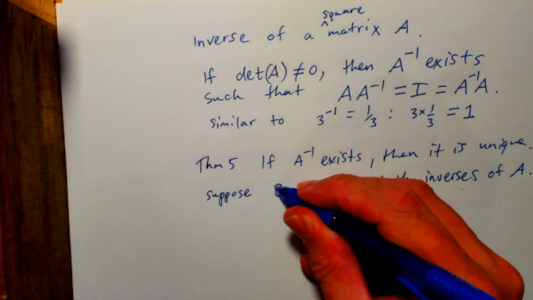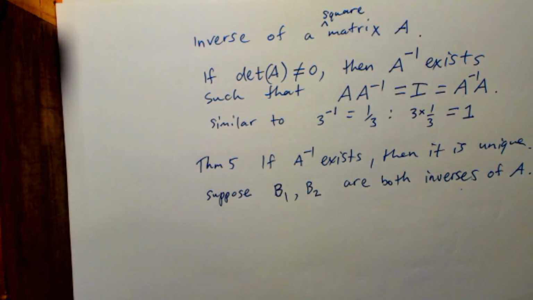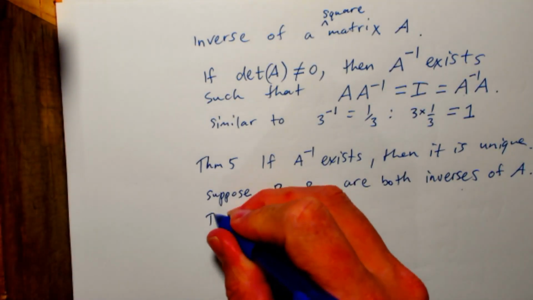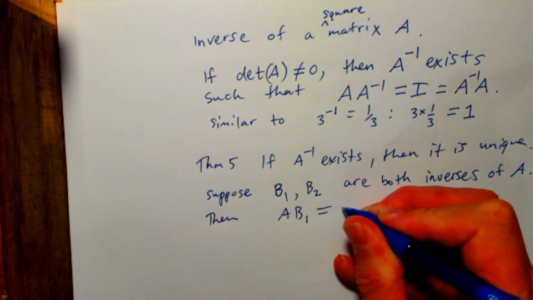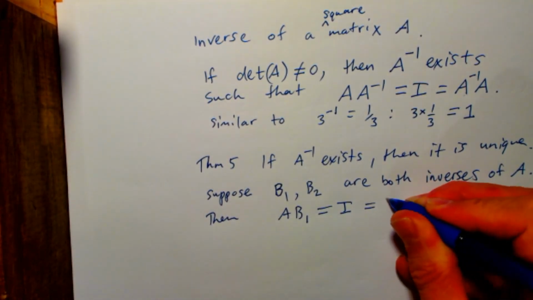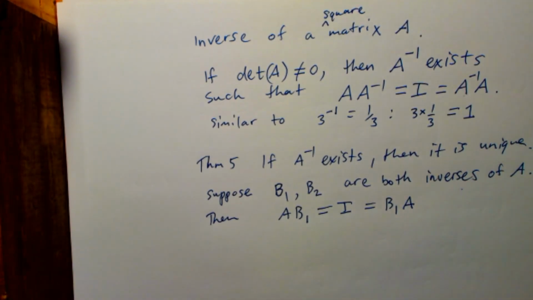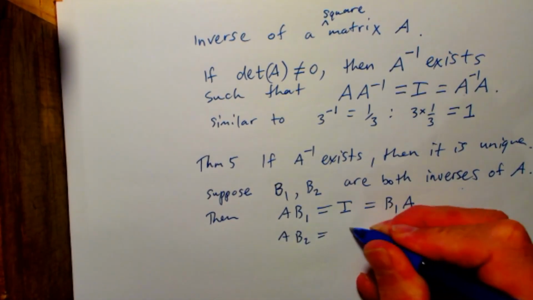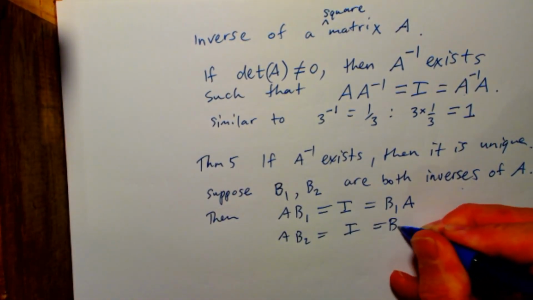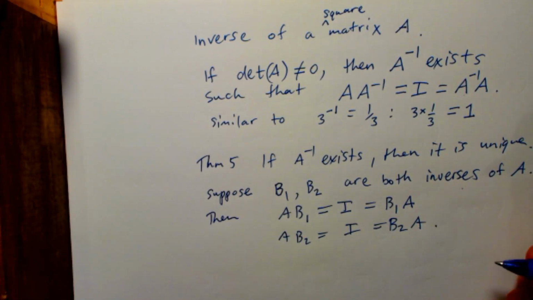Right, so assuming that we've got two of them, they've got to be equal. Alright, so if they are inverses of A, then A times B1 would give I, which would be the same as B1 times A, and A times B2 would give I, which is the same as B2 times A.